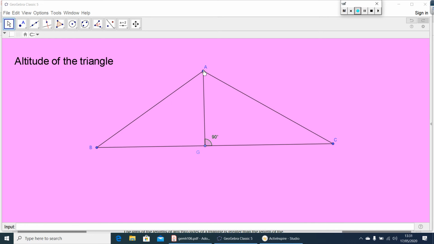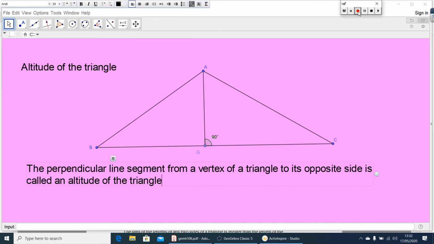So we can define altitude as a perpendicular line segment from a vertex to its opposite side is called altitude of the triangle. So we can write: the perpendicular line segment from a vertex of a triangle to its opposite side is called an altitude of the triangle.